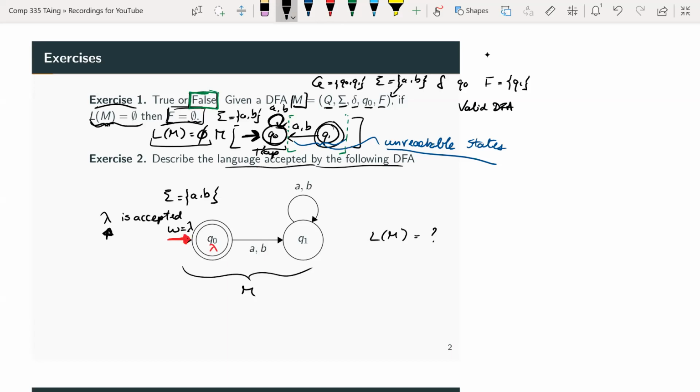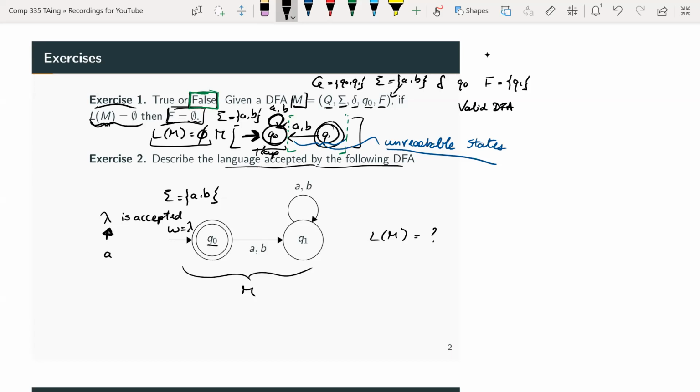But now if we take any other string but lambda, so any other string that is non-empty, for instance A, then if we want to read our string, we need to move forward in our DFA, or use a transition.